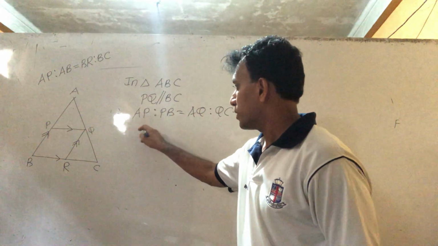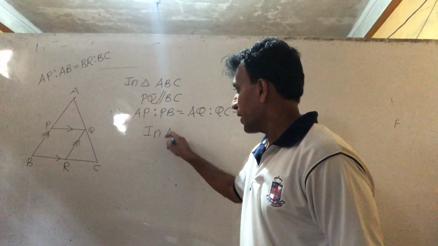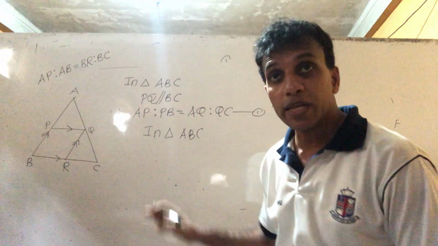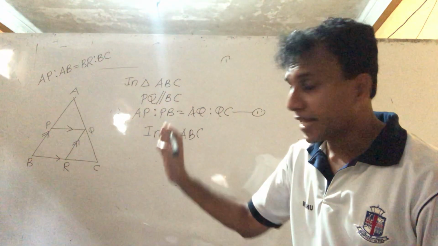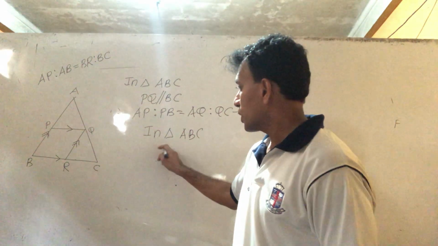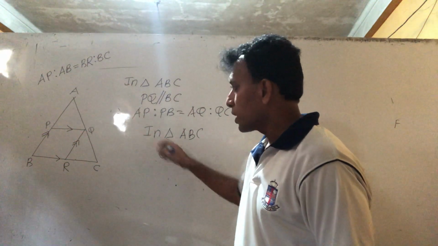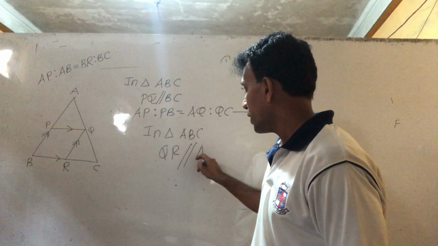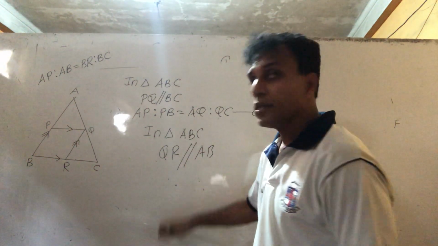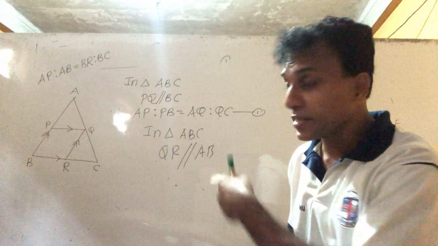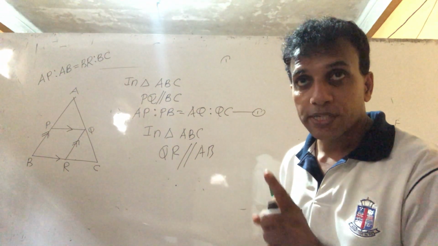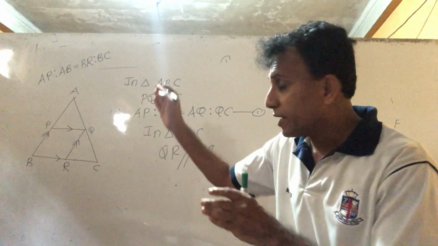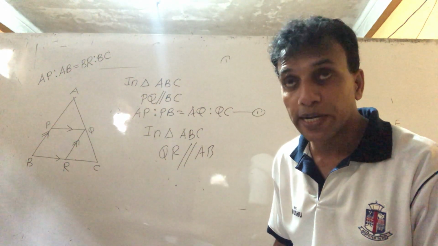Now see in triangle ABC. Once again, the triangle name is ABC, but the inner parallel is different. QR is parallel to AB. Therefore, the third time I am saying the ratio theorem: in a triangle, if a line is drawn parallel to a side, it divides the other two sides proportionally.